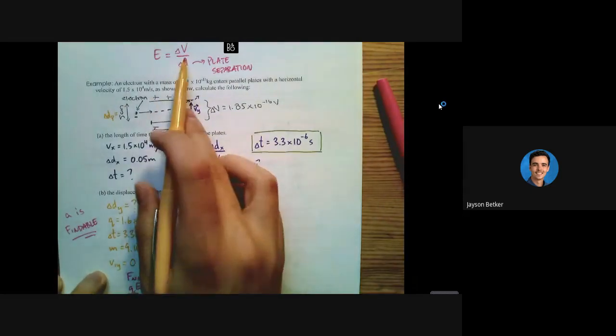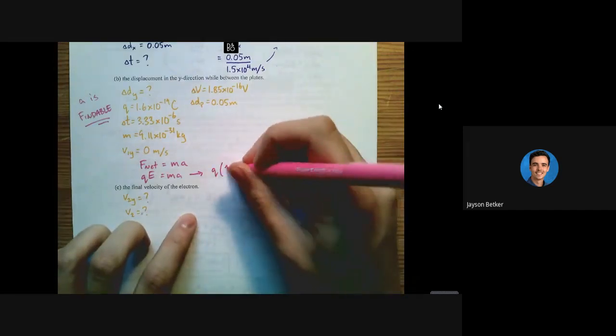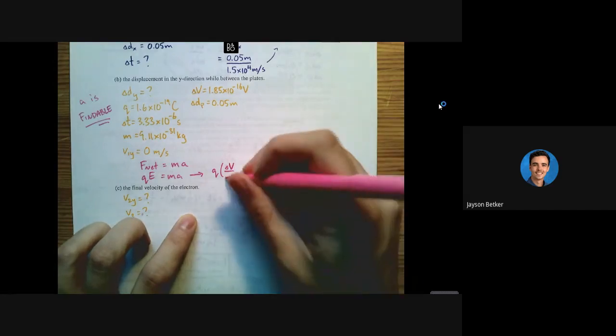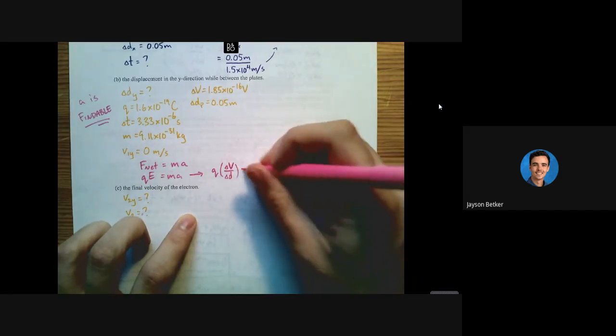Okay, now, what am I getting at here? Well, I'm going to replace this E with the delta V over the delta D. When I do that, I end up with a formula that looks like Q delta V, uppercase V, we're talking about potential difference, divided by delta D equals MA.